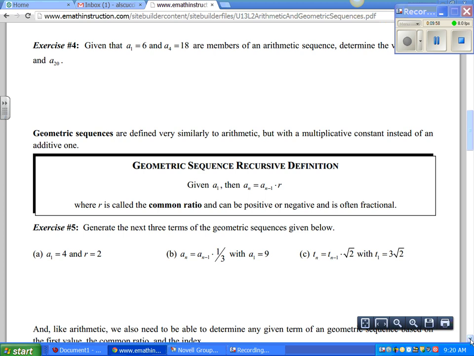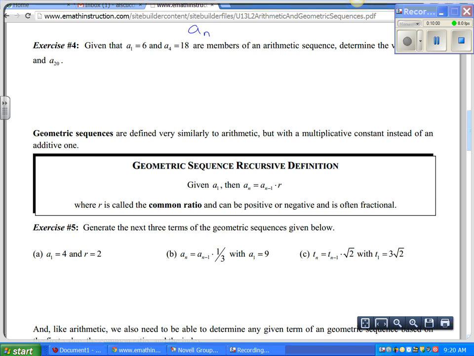If I'm using this formula, I need that common difference. How can I find it? Yeah, I'm going to put in what I know and find what I don't know, right?